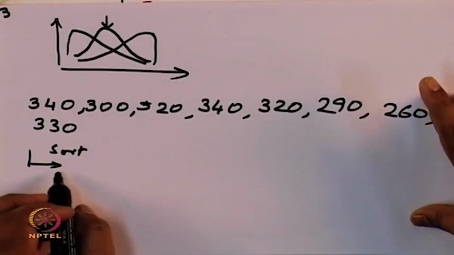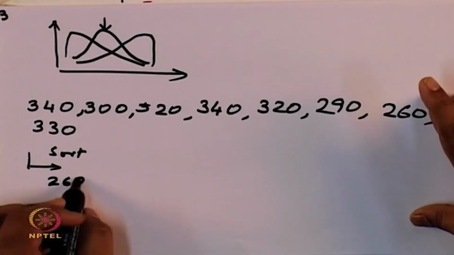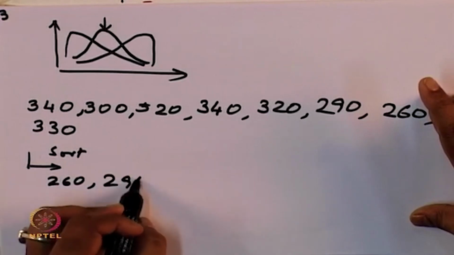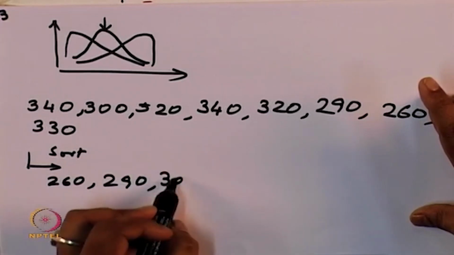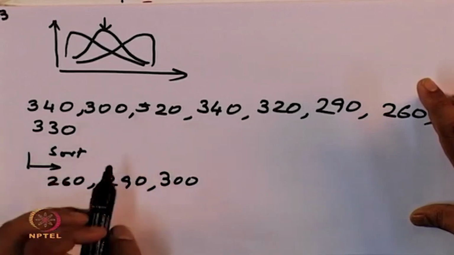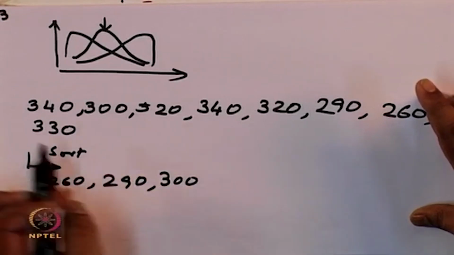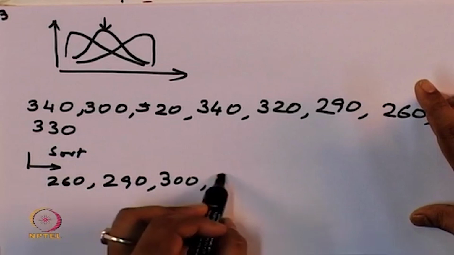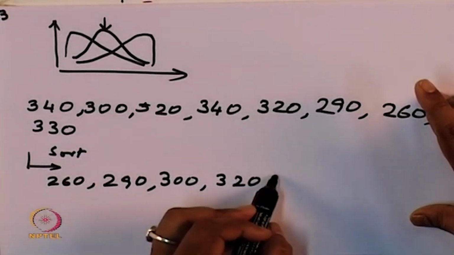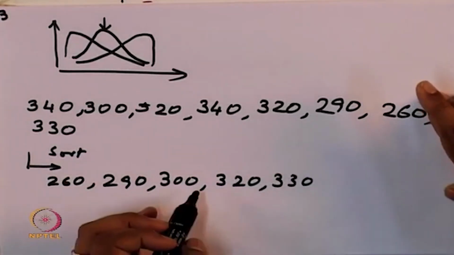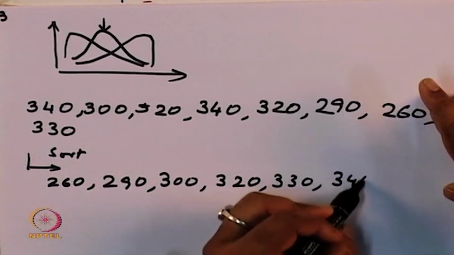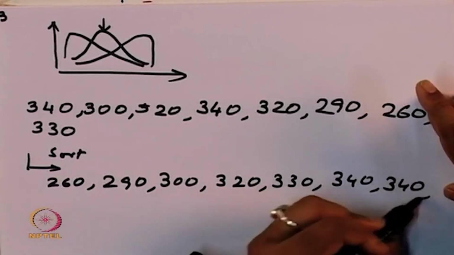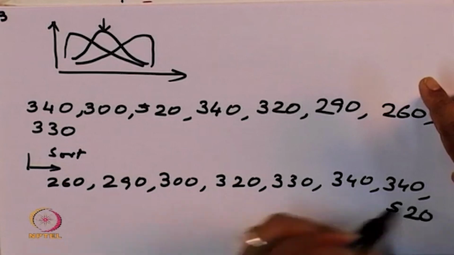My lowest value here is 260, then 290, 300, 320, 330, and two 340s, and one 520.